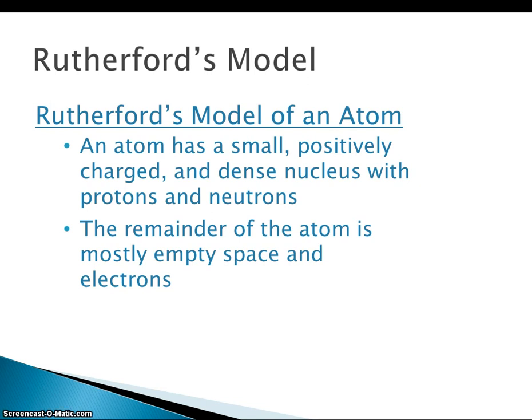These particles that bounced back had to have hit something along the way. That's why they changed directions. Otherwise, they'll just keep going and going in the same direction. And that the remainder of the atom is mostly empty space and electrons. So if you need to remind yourself, pause this and answer question 4 on your What's Inside activity from class today, answering that question about Rutherford.